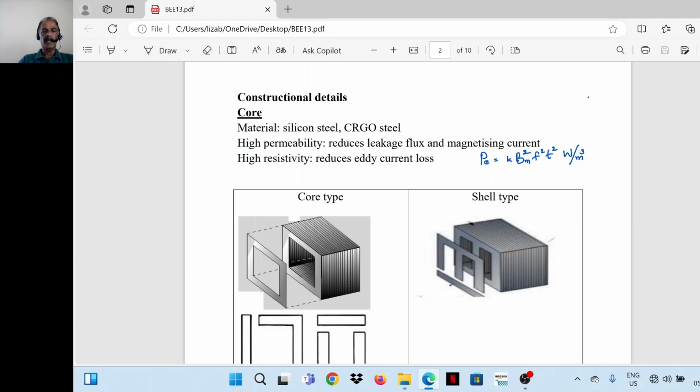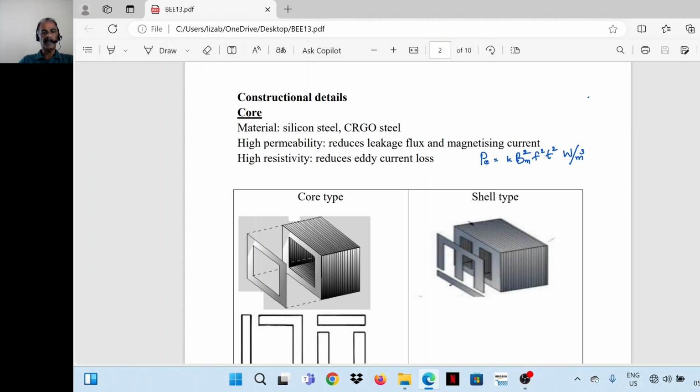So high permeability means its advantage is that it reduces leakage flux. Because if the permeability of the material is more, we can say the permeance of the path is higher. Since the permeance is high, the amount of flux which is leaking out or completing its path through air will be less.